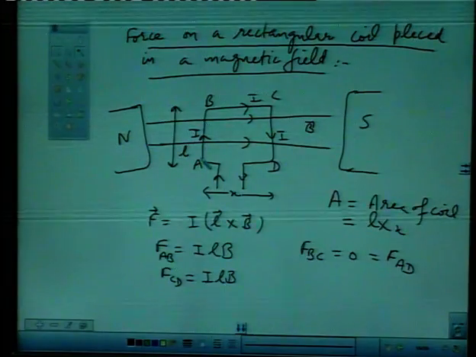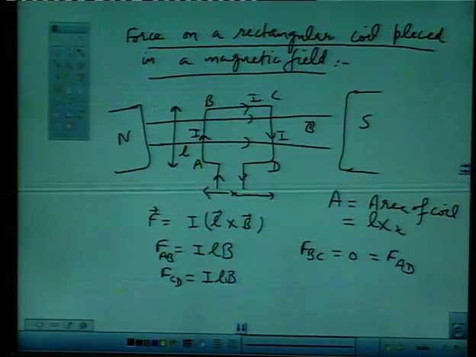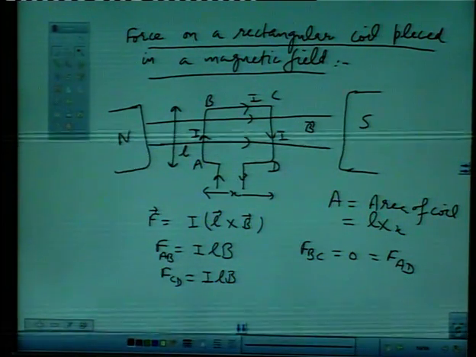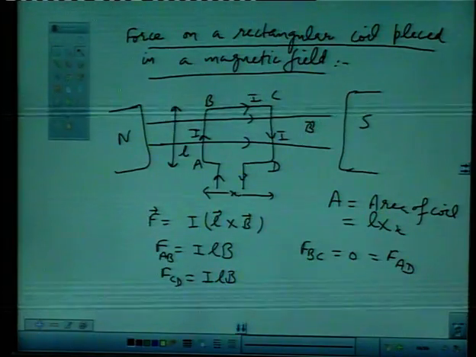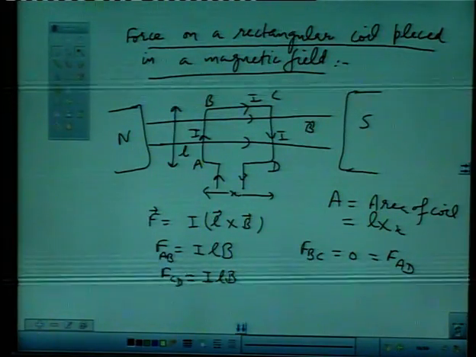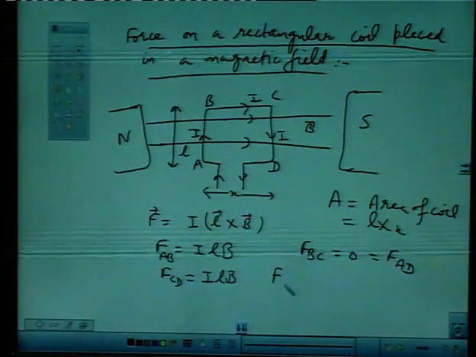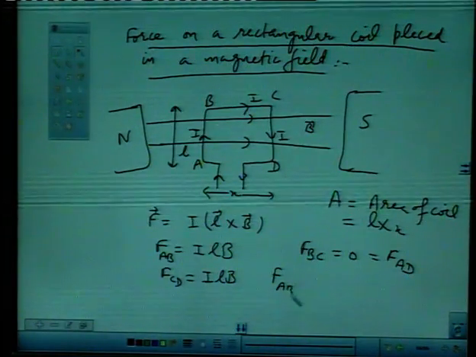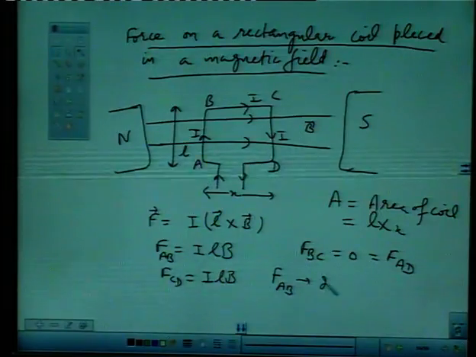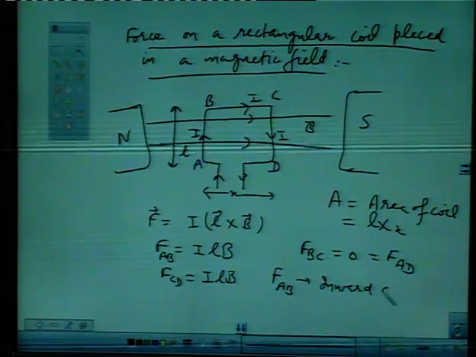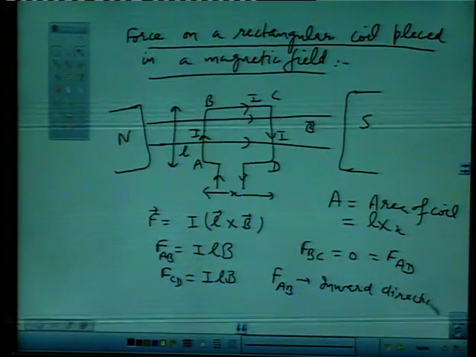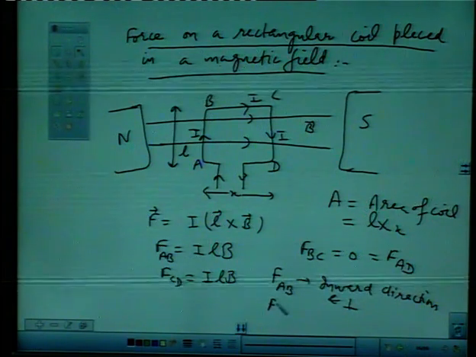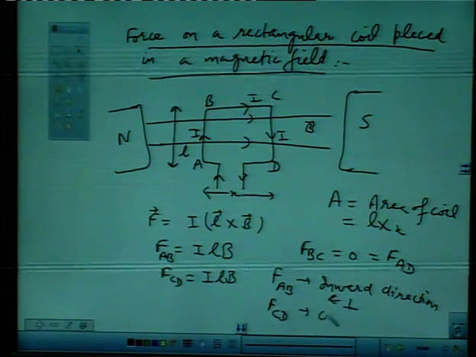But since the direction of current is upward in one side and downward in the other, the magnetic force on side AB will be in the inward direction and perpendicular, and the force on side CD will be outward and perpendicular.